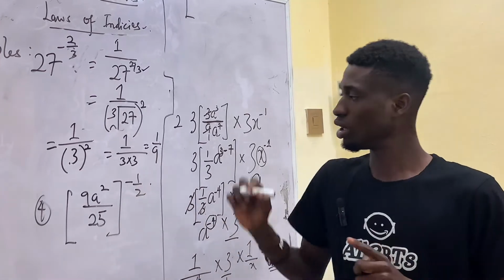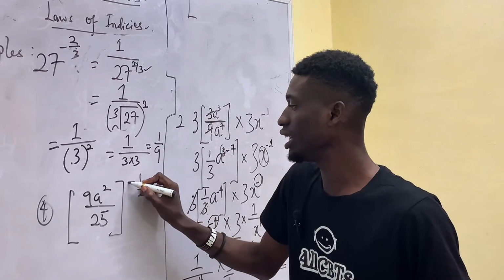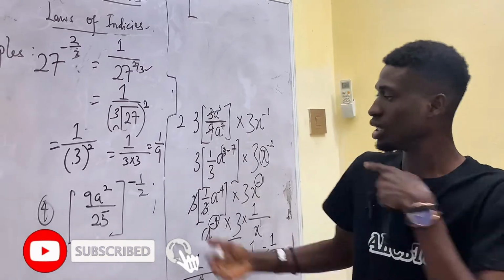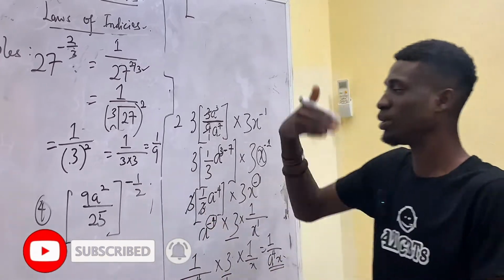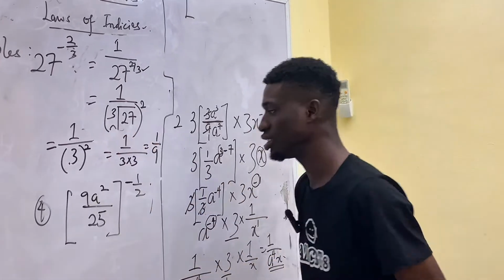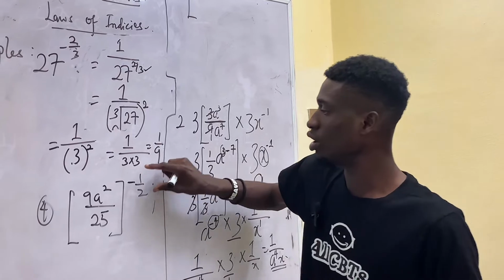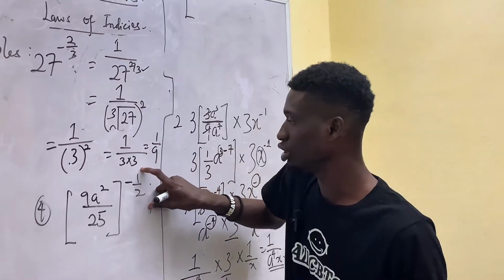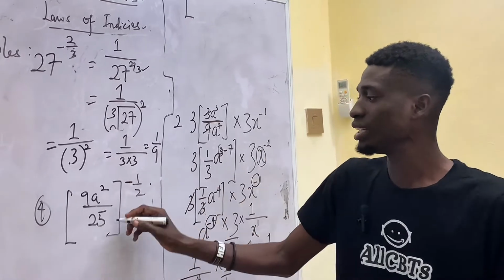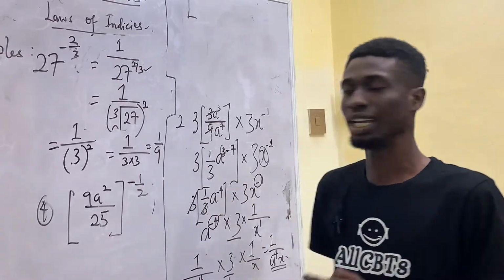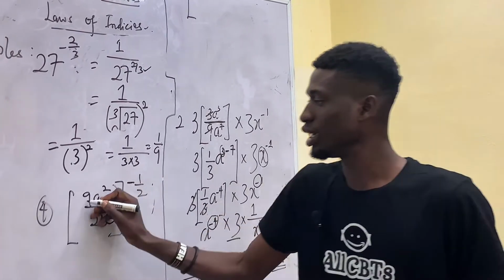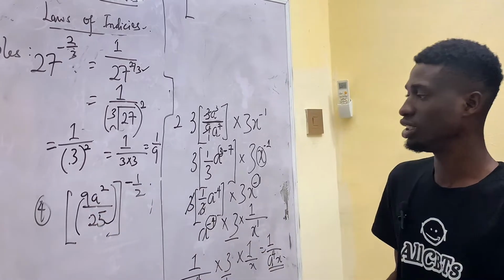Once you notice that you are given a negative power and your power is a fraction, you can change your negative power to positive power without passing through the law of 1 all on the number itself. So once you see that your power is a fraction, you can easily change this negative sign to positive sign by changing the numbers inside the brackets. That means the denominator will turn to the numerator, then the numerator will return back to the denominator.